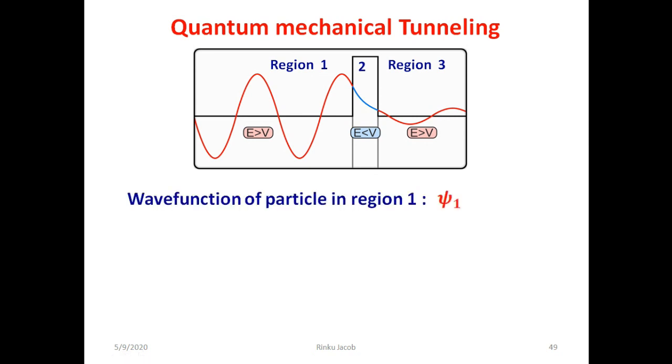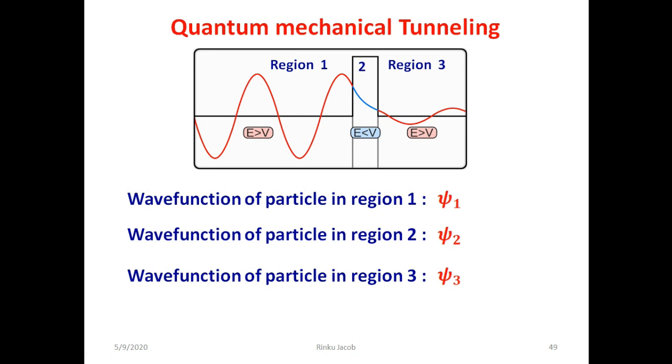So let us write the wave function of the particle in region 1 as psi 1, in region 2 as psi 2, and in region 3 as psi 3. From the figure, it is clear that the wave function in region 1, psi 1, will contain information about the incident and reflected waves from the barrier. And the wave function in region 3, psi 3, will contain only the information about the transmitted wave, as there is no reflected wave in region 3.